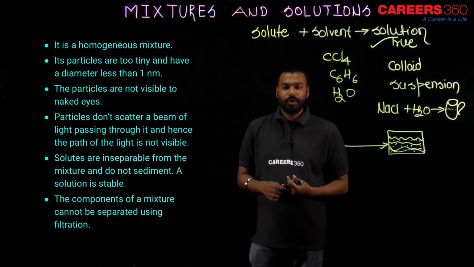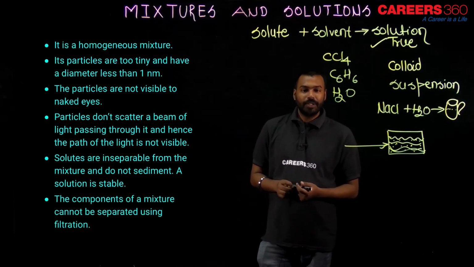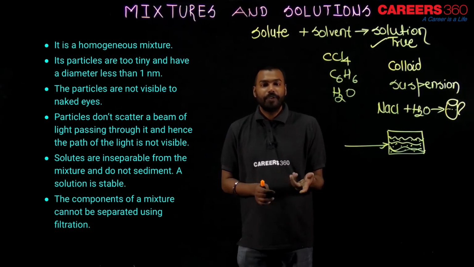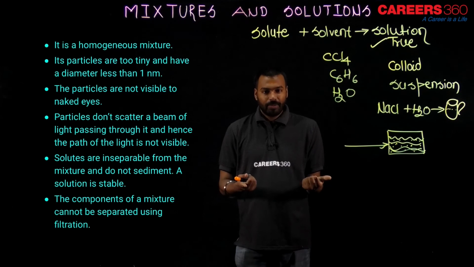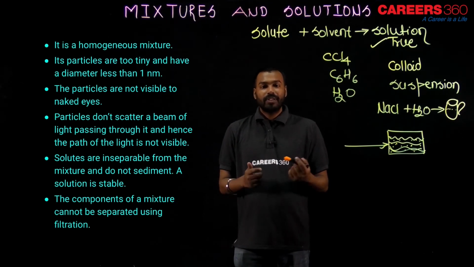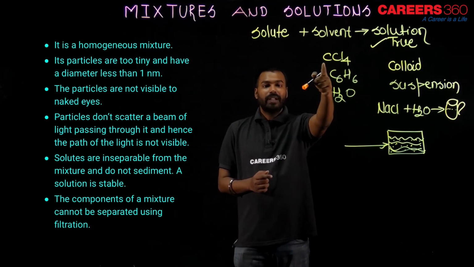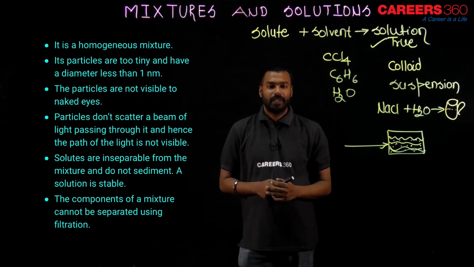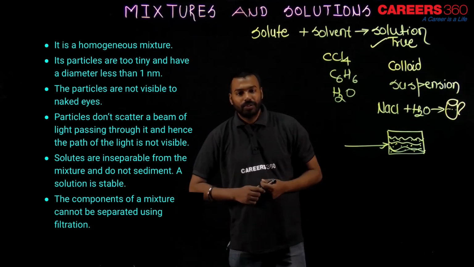The components of the mixture cannot be separated using filtration. Filtration means there is a filter paper in the market, and we use the filter paper to separate two substances. So what I am trying to say is, once you dissolve solute into the solvent, then you cannot separate it through the filter paper, okay. So this is what a solution is.